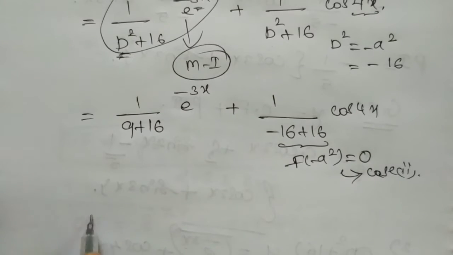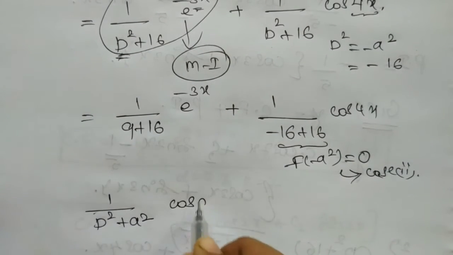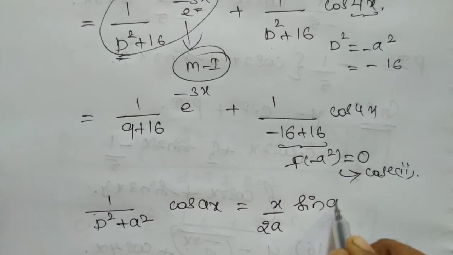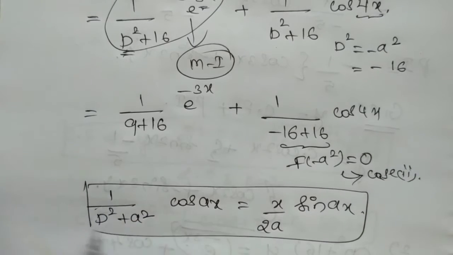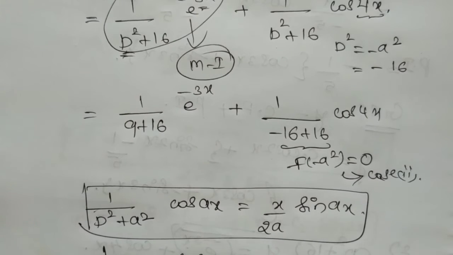So formula for case 2, that is 1 by (d square plus a square) cos ax equal to x by 2a sin ax. So here we have 1 by (d square plus 16), so that is 4 square, into cos ax. So cos 4x equal to x by 2a.